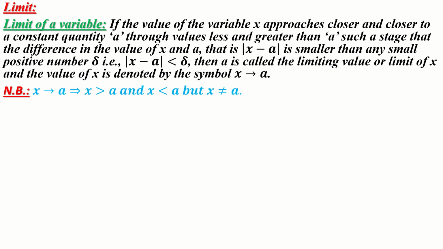Okay, that is meant for finding the undefined function at a specific point, we use limit. Clear? And limit here follows less and greater. Less means from left to right, greater means from right to left.